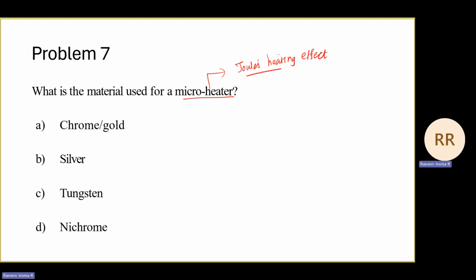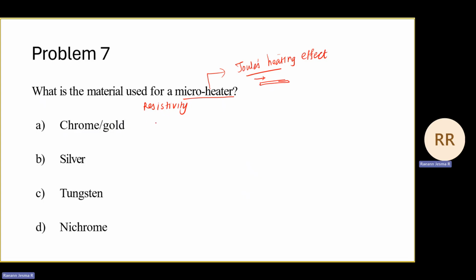So we have a wire which has some finite conductance, and we are passing current through the wire and heating it. Which material do you think is best for a micro heater? Since we are heating the material, let us look at the resistivity of these materials.